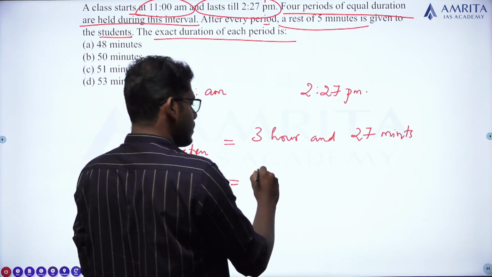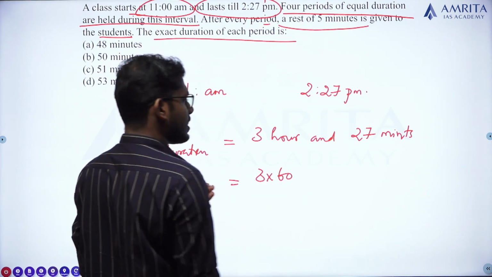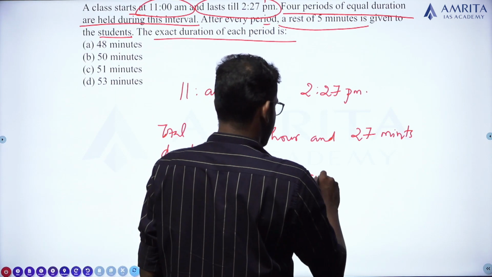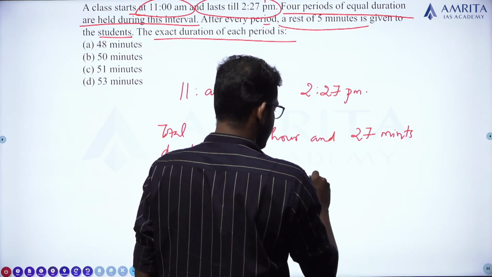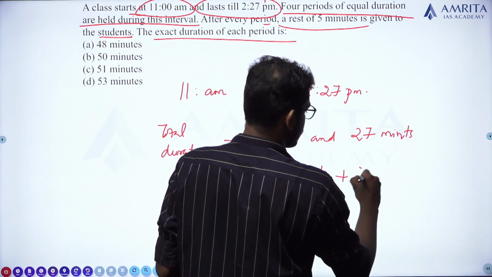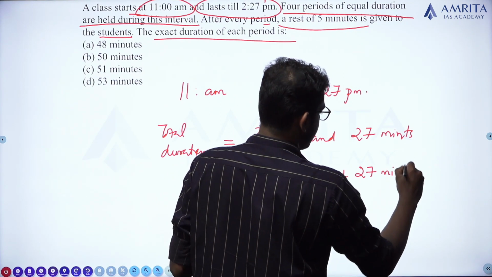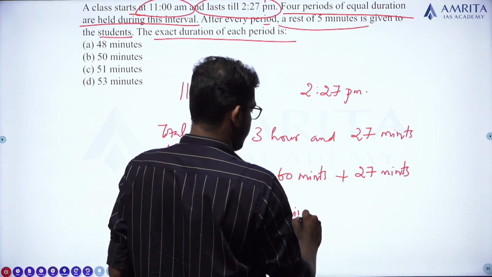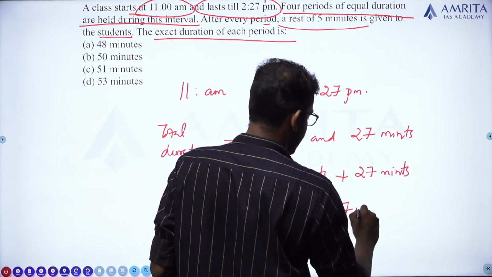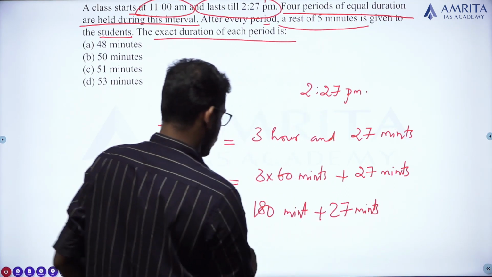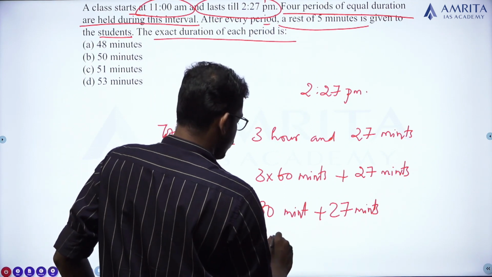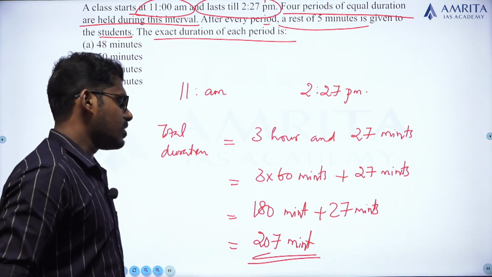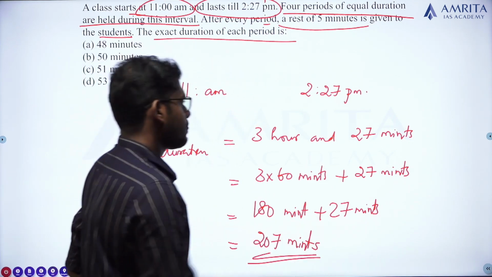So 3 hours is 3 into 60, since 1 hour is 60 minutes. So 3 into 60 is 180 minutes plus 27 minutes. So in total it contains 207 minutes. Clear? Okay.